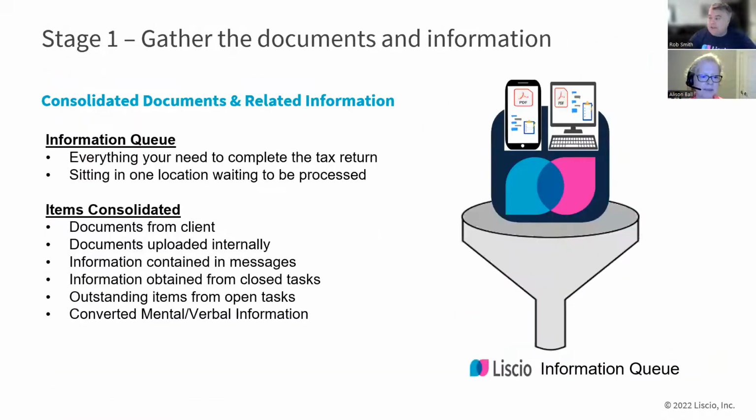So we're going to use Liscio to put everything into one big funnel, and all of this information, whether it's messages, tasks, or documents, is going to funnel down into something I'm calling the Liscio Information Queue. And emails can go in there as well. That is correct. Everything you're going to be able to do will be in one place.